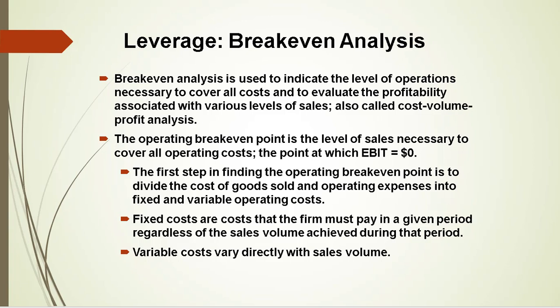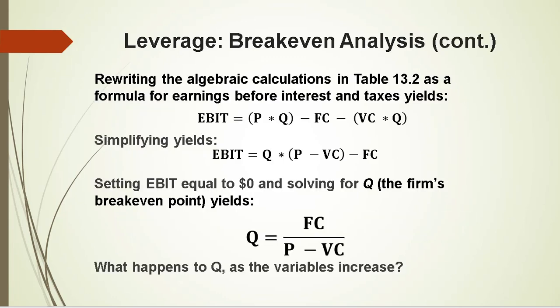So if we look at cost of goods sold and operating expenses, we need to divide them into fixed and variable operating costs. This is much easier done within the company than from the outside. And again, fixed costs are those that for a given period are the same, they don't change, but variable costs change based on sales volume.